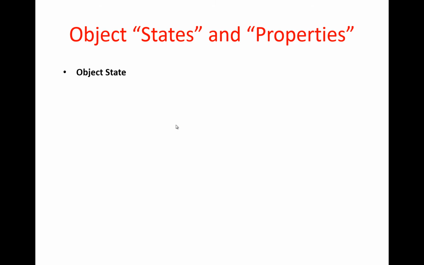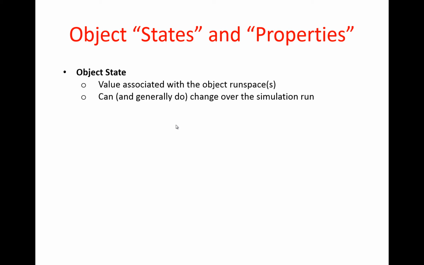So, an object state is basically a value that is associated with the object's run space. And states or state variables generally do change over the simulation run.